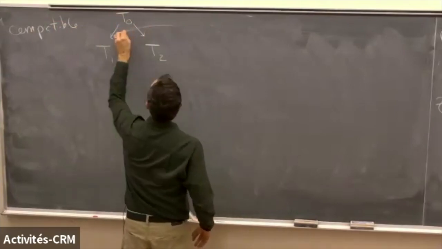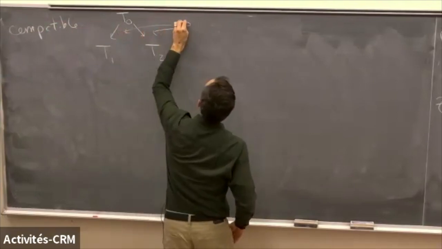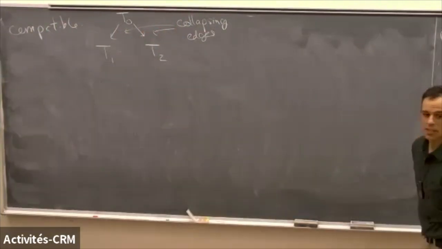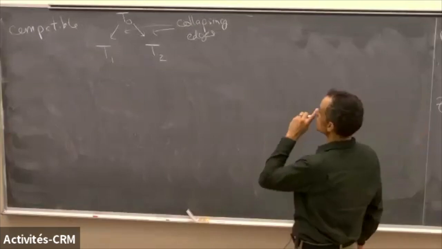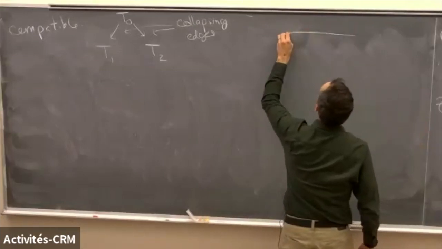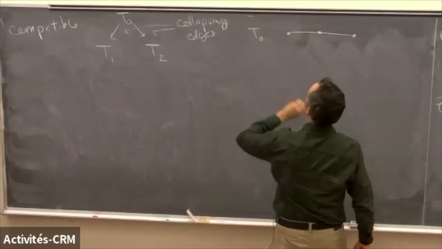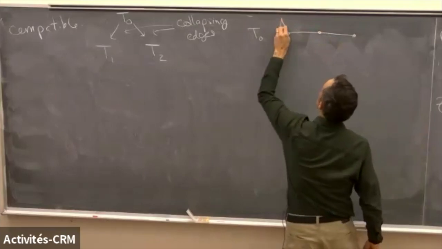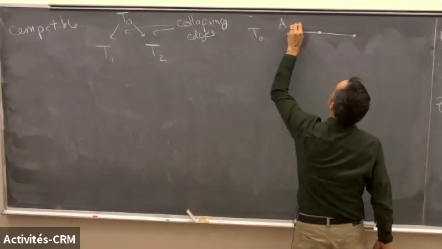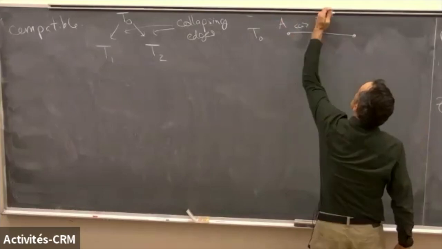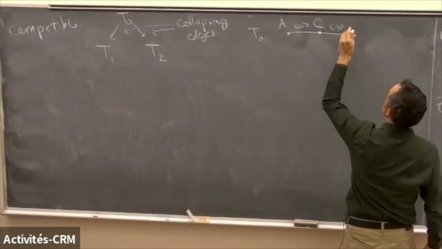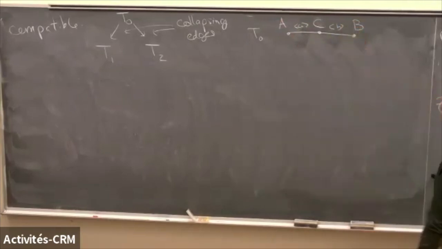So these maps here, I'm just collapsing some edges. A good example to think about is, maybe the tree T naught is going to be something with two edges corresponding to some sort of an amalgamation of these three groups, A, C, and B, along these subgroups.